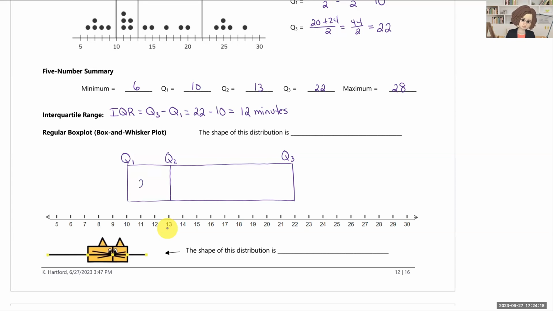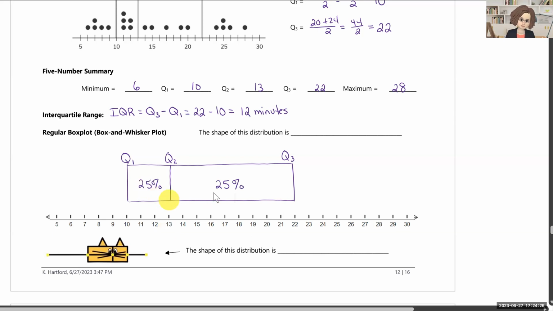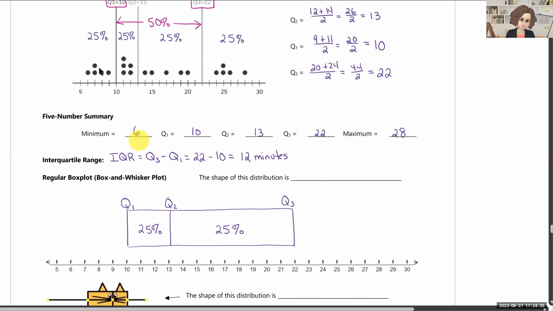And so now what I know is 25% of our data, and 25% of our data is contained in the box, and it's separated in that way. So I'm going to go ahead and also draw the dots from our dot plot up here so you can see it.